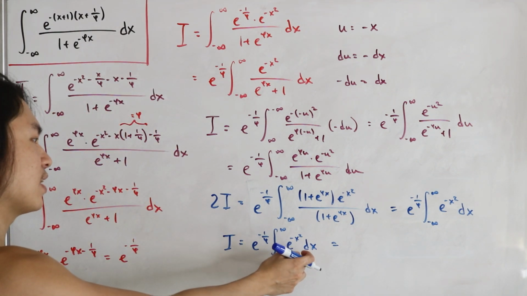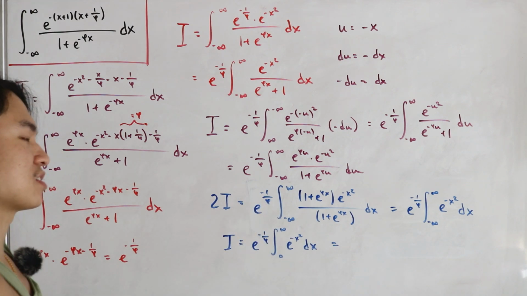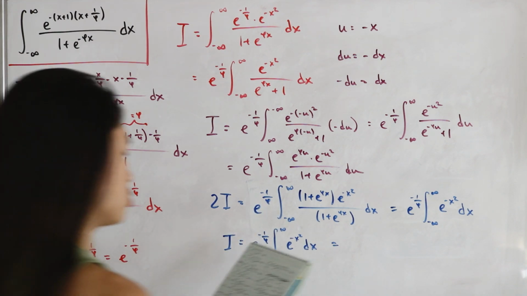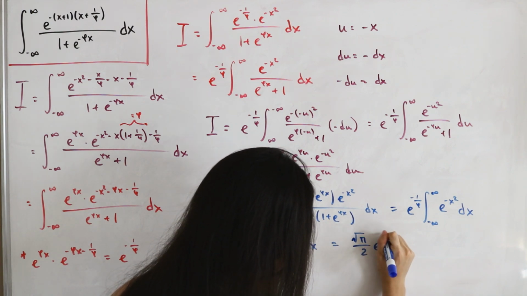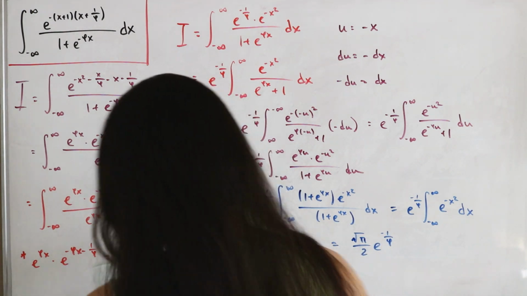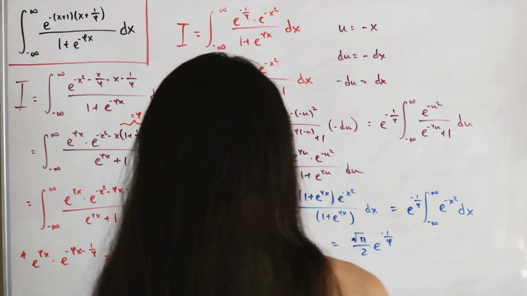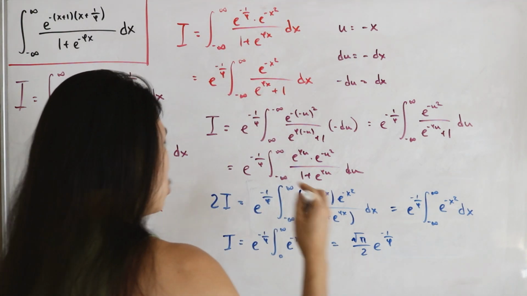This is the same as evaluating gamma at 1/2, which we know is the square root of pi divided by 2. So this reduces to the square root of pi divided by 2 times e to the negative 1 divided by phi. Therefore, that is our final answer to the golden ratio integral.